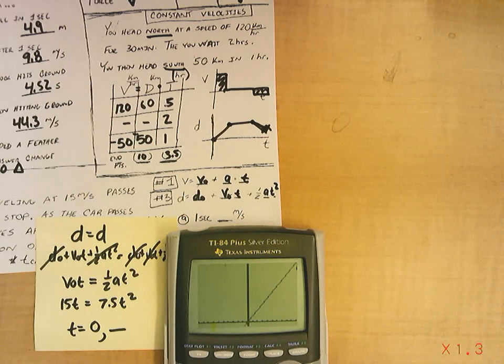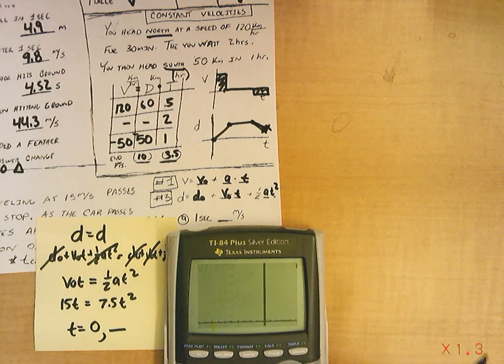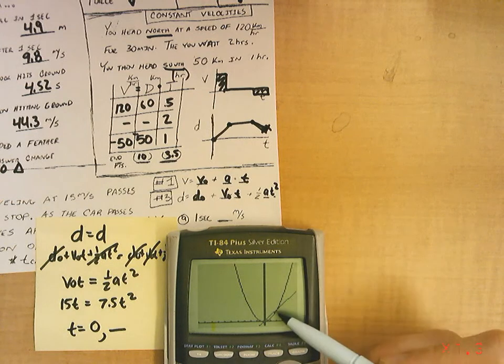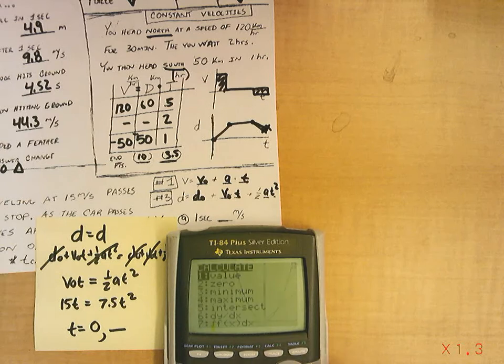Constant velocity, boom. Right there's the intersection. We could even make our x max a little bit less. How about 5? We graph that. Ooh, I forgot to change my y max. You can see the intersection a little bit better. So we'll do the intersect, go calc, intersect.